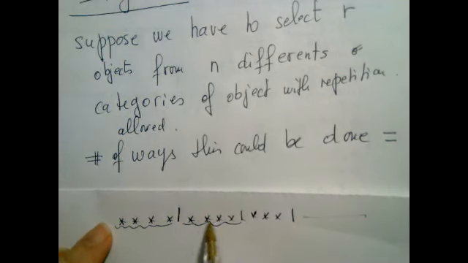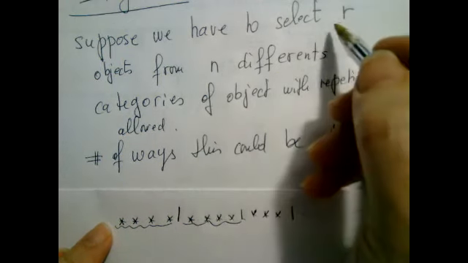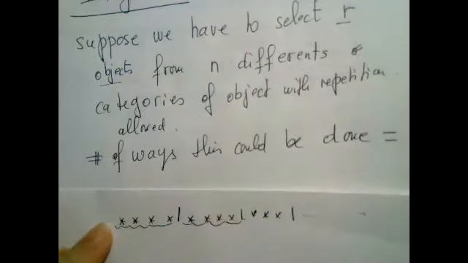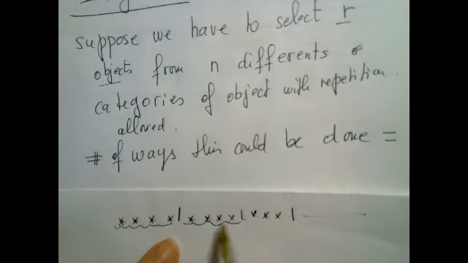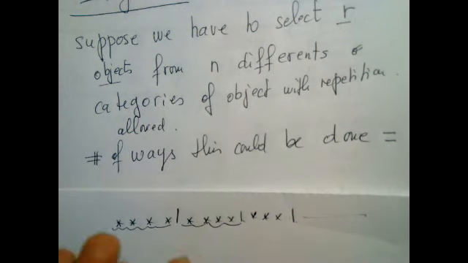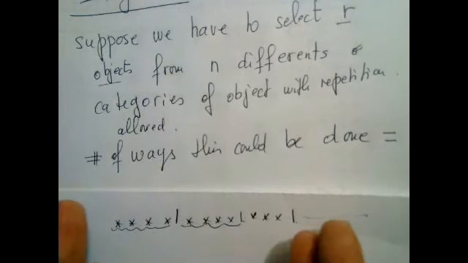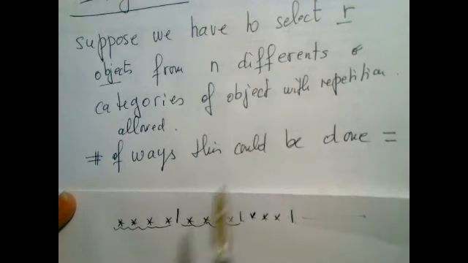So the number of stars represents how many objects I'm picking. And the number of ones is not n, because I have n categories and I need n-1 to separate them. I don't need n. So the number of selections should be the number of ways I can put those stars in the string.